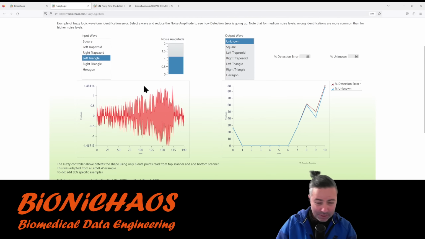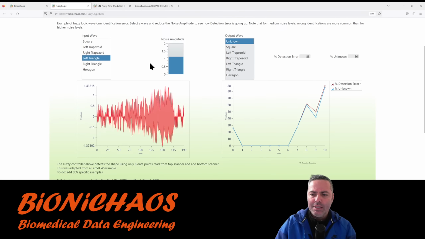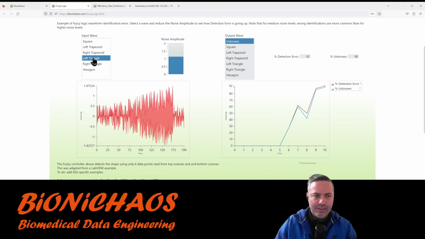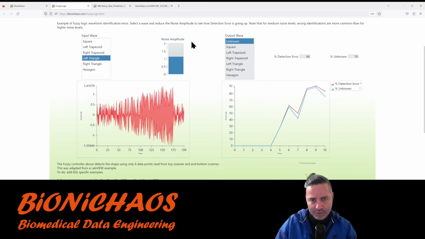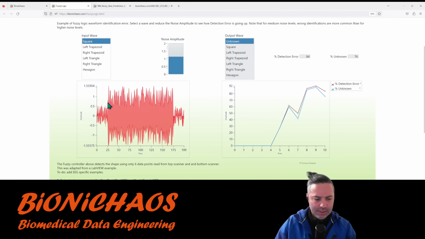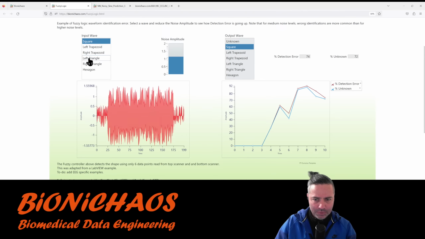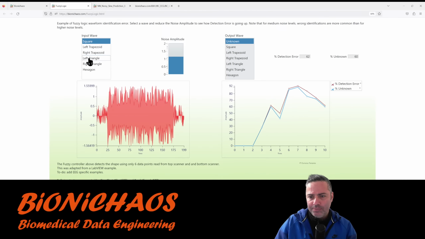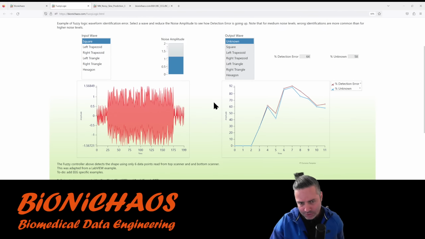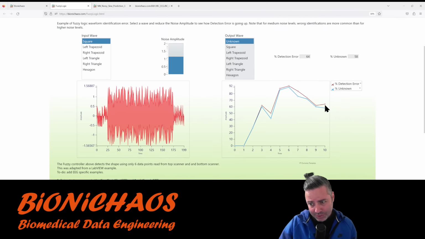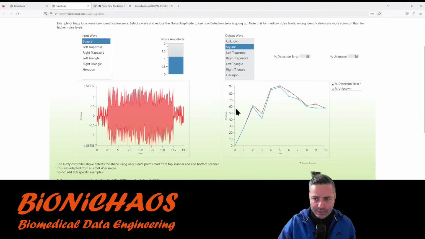I've already mentioned it multiple times, but just for myself, because I'm trying to understand it better: with the same noise level, a square is essentially easier to detect than, for example, other shapes. So this is with a square. You need to wait until it stabilizes because it needs a certain number of iterations, and it's back to that 60%.